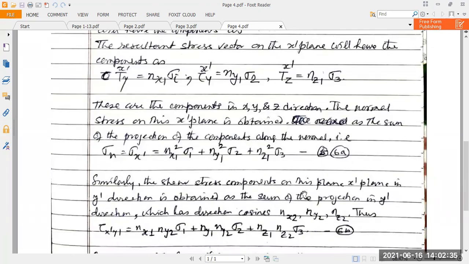Similarly, the shear stress component in this plane, the x plane, in the y direction is obtained as the sum of the projections in the y direction, which has direction cosines nx2, ny2, nz2. So the shear stress component becomes nx1 nx2 sigma 1, plus ny1 ny2 sigma 2, plus nz1 nz2 sigma 3.